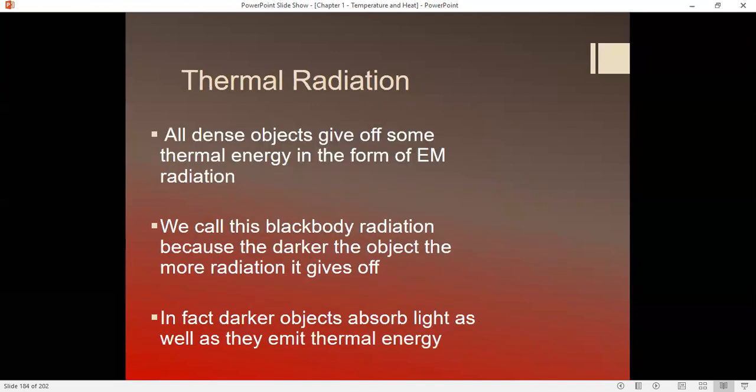All dense objects give off some thermal energy in the form of electromagnetic radiation. We glow around 10 microns, and that's in the infrared. In fact, pit vipers hunt mammals because mammals are homeotherms.